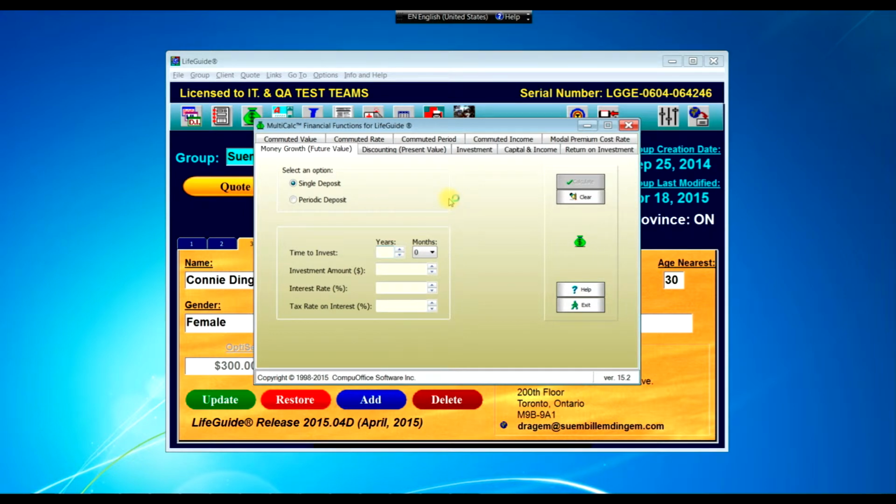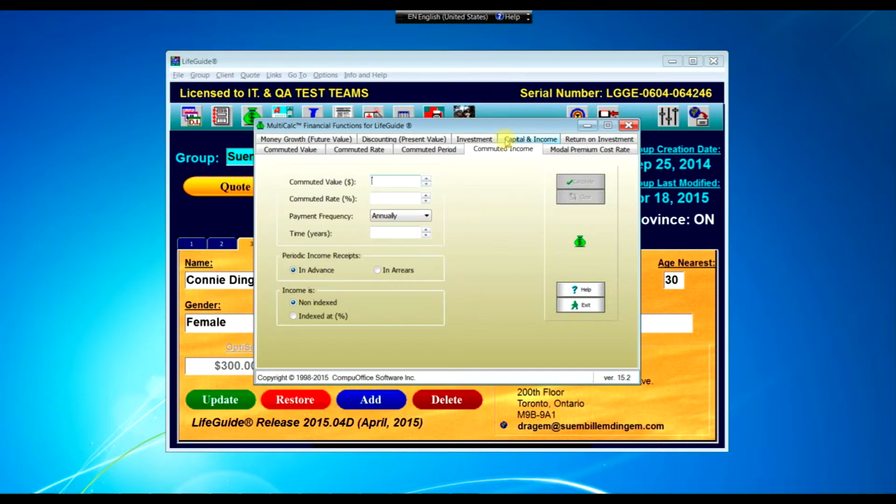Under the multi-calc, we will go for commuted income, and per the example earlier, let's use $1 million worth of death benefit, and let's say the interest rate for the period would be 3.5% net, and we'd like to have the payments monthly.